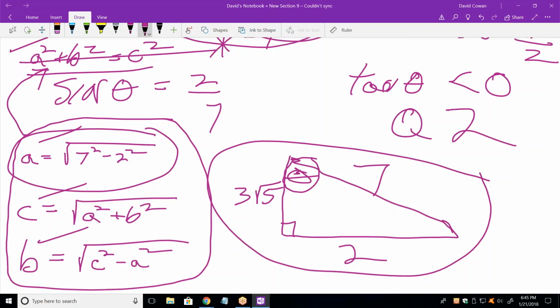Cosecant, yeah. Oh, okay. That's 7 over 2. Correct. I thought you said cosine, sorry. It's okay. What's the secant of theta? Isn't that 7 over 3 square root of 5? Negative. Remember, we're in the second quadrant. Oh, yeah, I forgot about that.